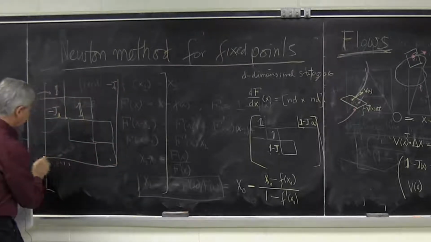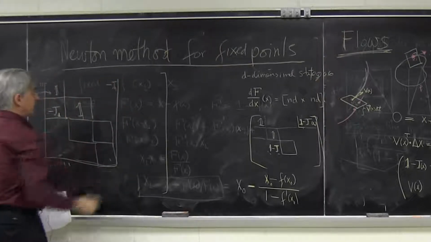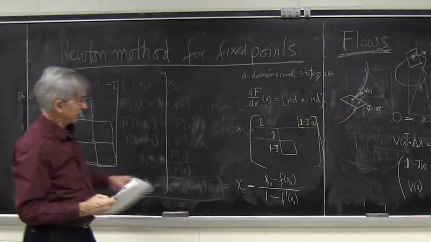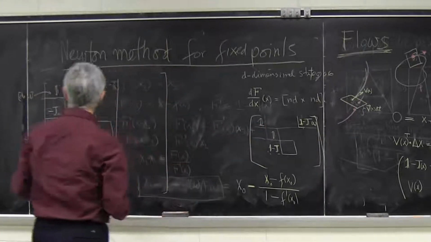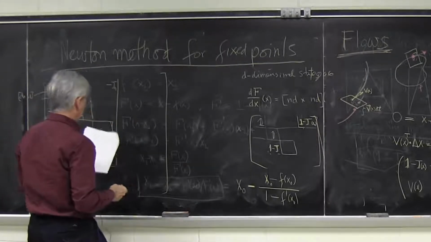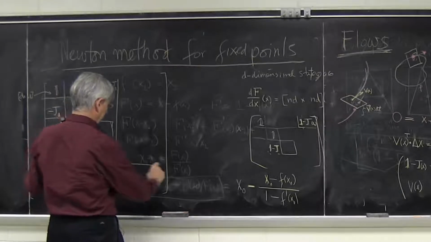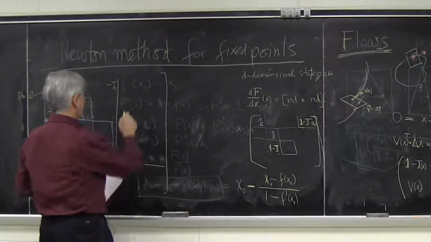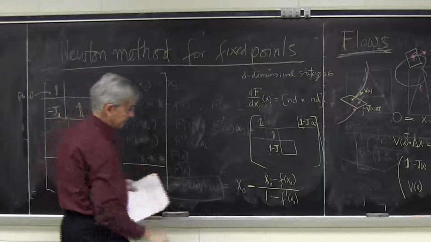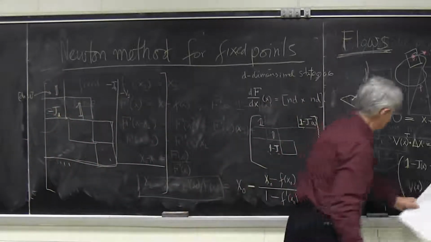So there is a block that looks the same way for the map and the flow, the just generalization of multishooting for one-dimensional map. But now you have another block because you have to get velocity fixed every place. This guy here.